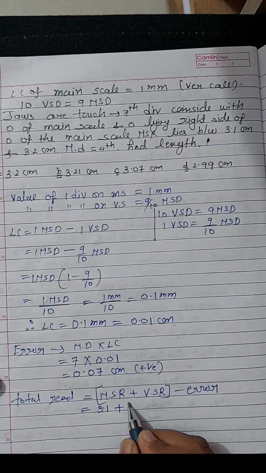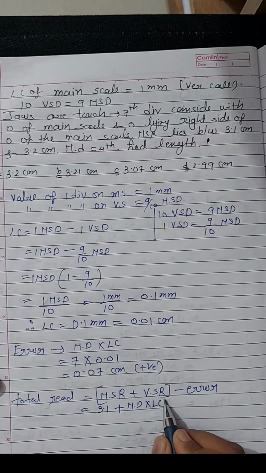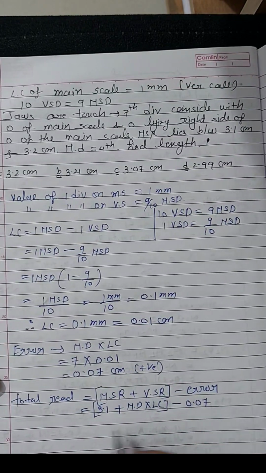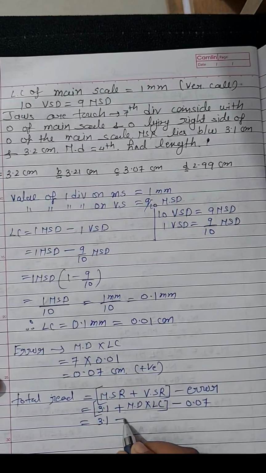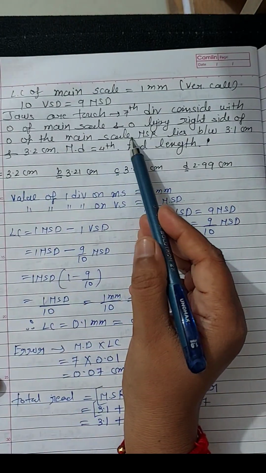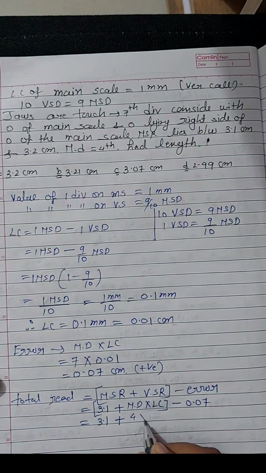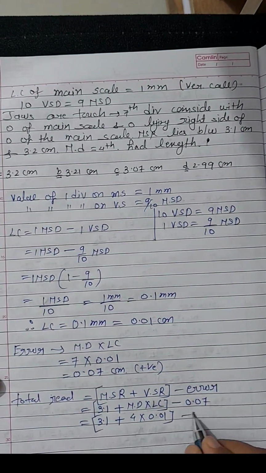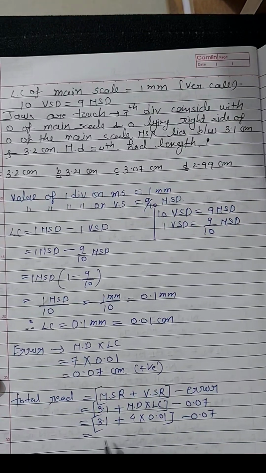How to calculate? It is matching division multiplied by LC, minus error, 0.07. So it is 3.1 plus matching division is given. The 4th division is matching while taking the reading. Okay, so 4 multiplied by 0.01 minus 0.07 as it is.